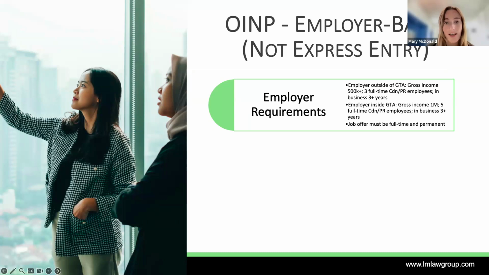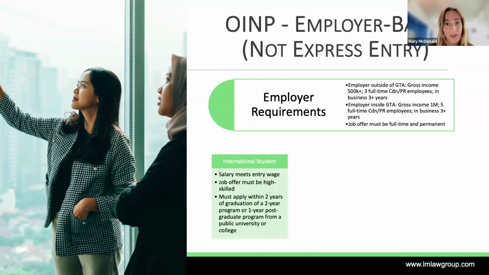If they're inside of the GTA, they need to show that their gross income in the last fiscal year was over 1 million and that they have 5 full-time Canadian or PR employees. Or if they're outside of the GTA, they need to make at least 500,000 and they need to have at least 3 full-time employees who are PRs or citizens. The job offer has to be full-time and permanent. There can't be an end date in your contract. It has to be for a high-skilled position as well.